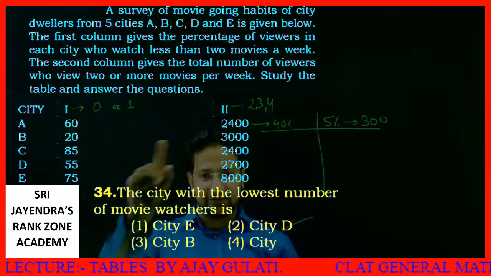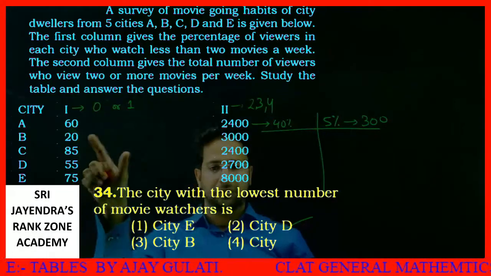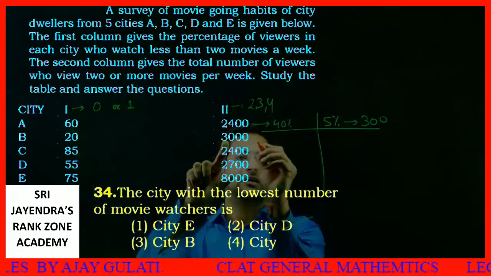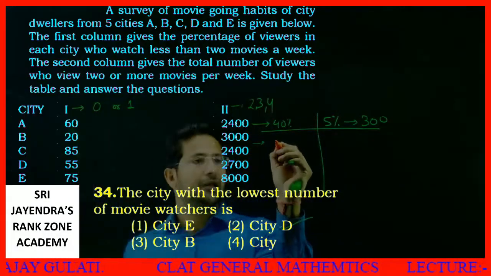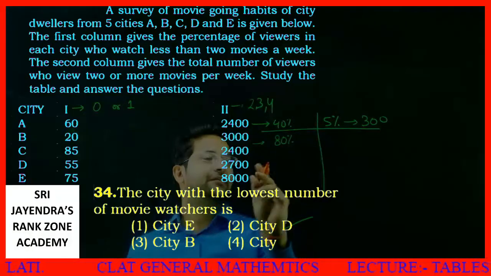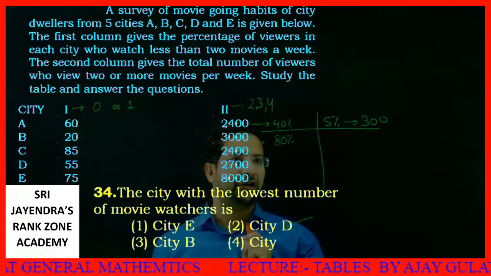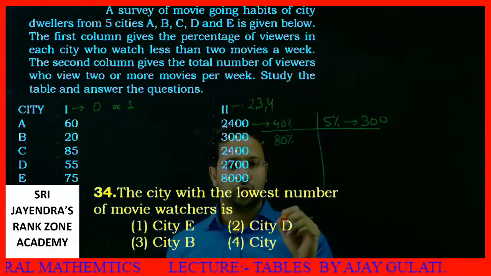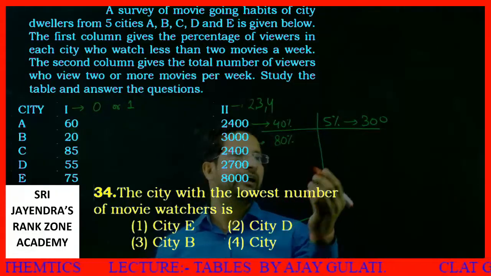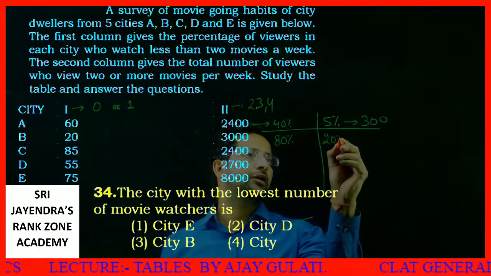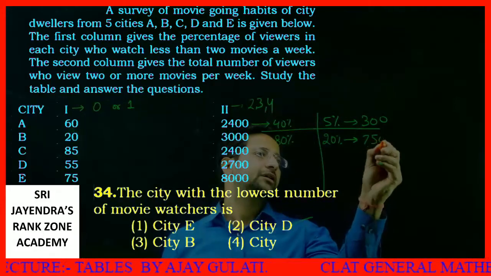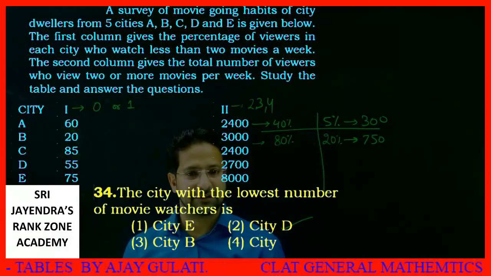Next, this is 20%, so this must be 80%. If this is 80%, then 80% is 3000. So let's take 20%. 20% will be 750.